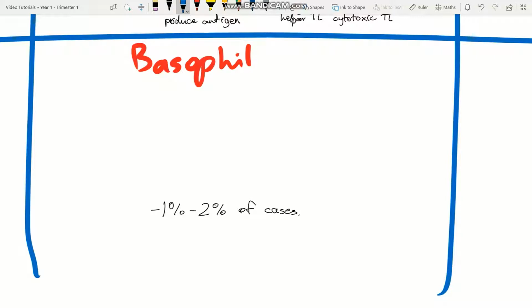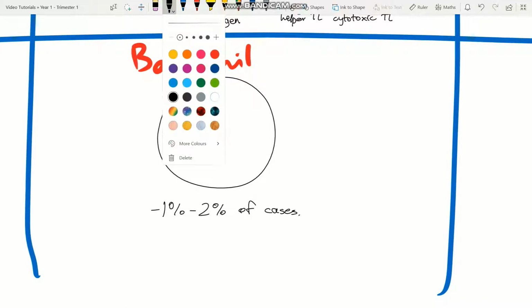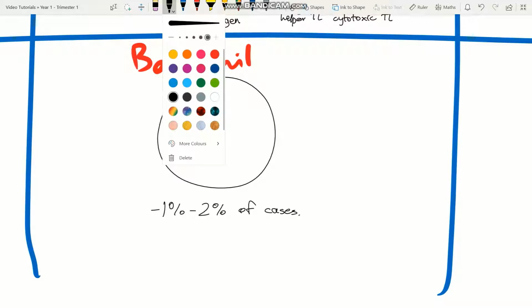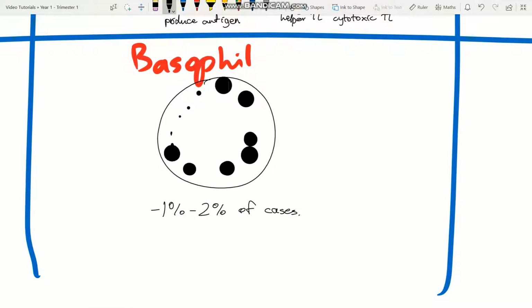Now, these cells are given their name because they're highly basophilic. So if we were to look at them in a histology preparation under hematoxylin and eosin staining, we would see lots of granules in their cytoplasm. So these granules would be present in quite a numbered nature, and they would be quite large.